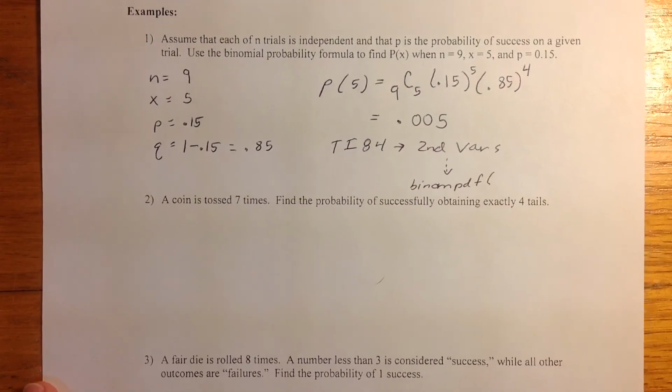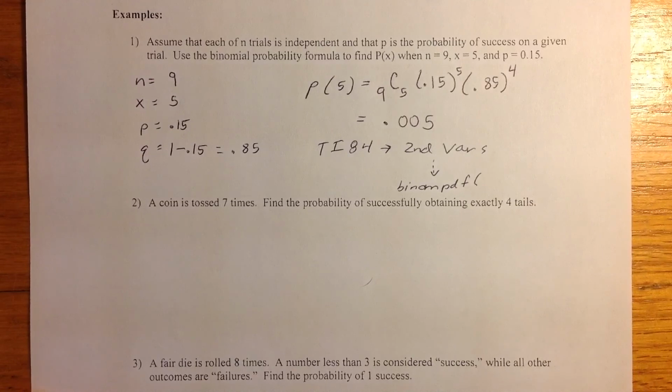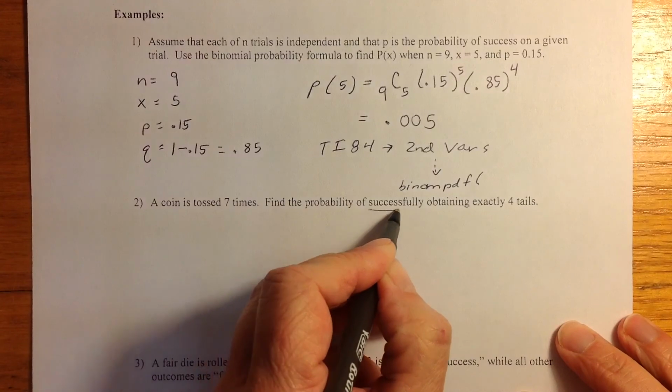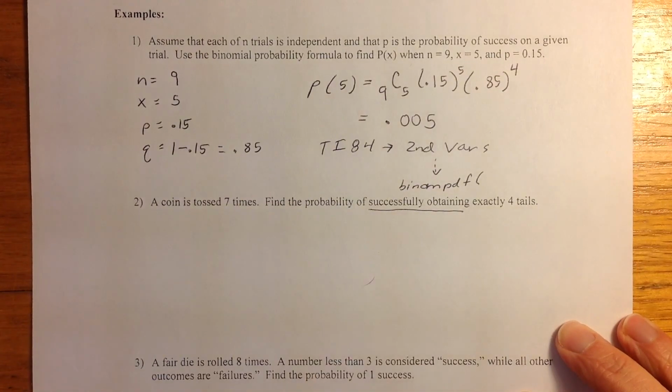So let's try one without them giving us the exact N, P, and X already. So a coin is tossed 7 times. Find the probability of successfully obtaining exactly 4 tails. Successfully obtaining are key words to look for to know that this formula is needed.